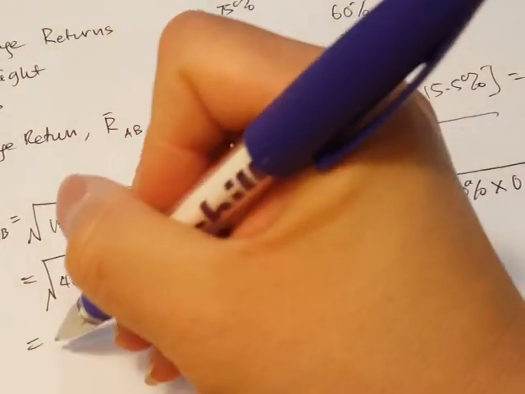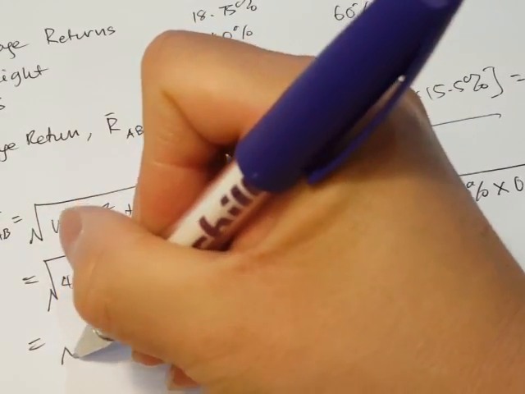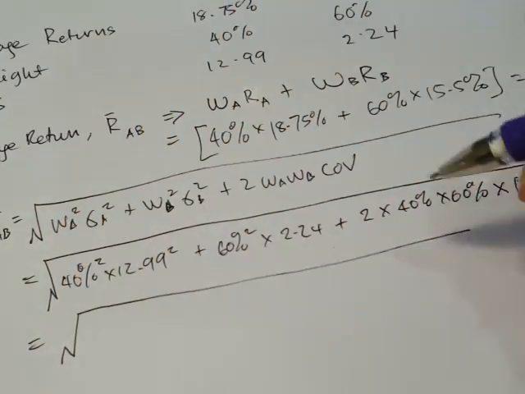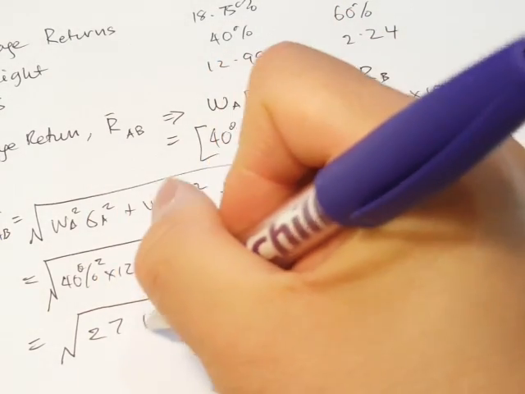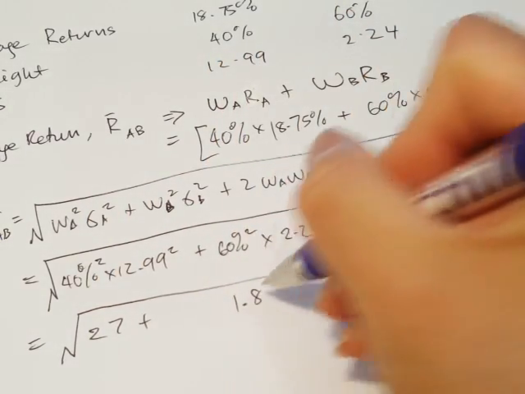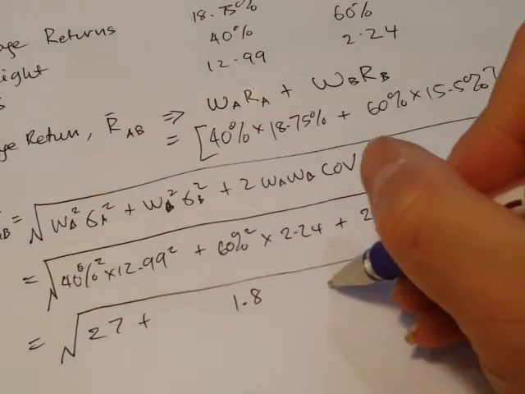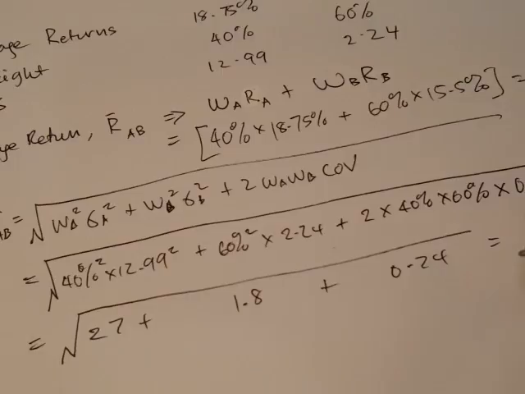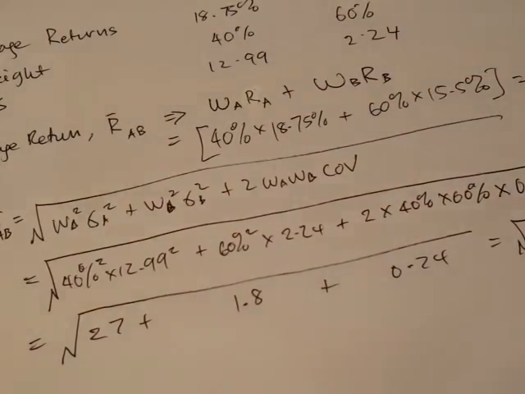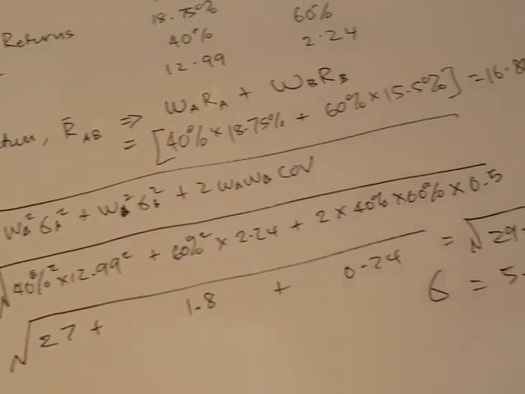So solve the equation. 27 plus 1.8 plus 0.24. So square root of, add together, 29.04. Your variance, your standard deviation will be 5.388.